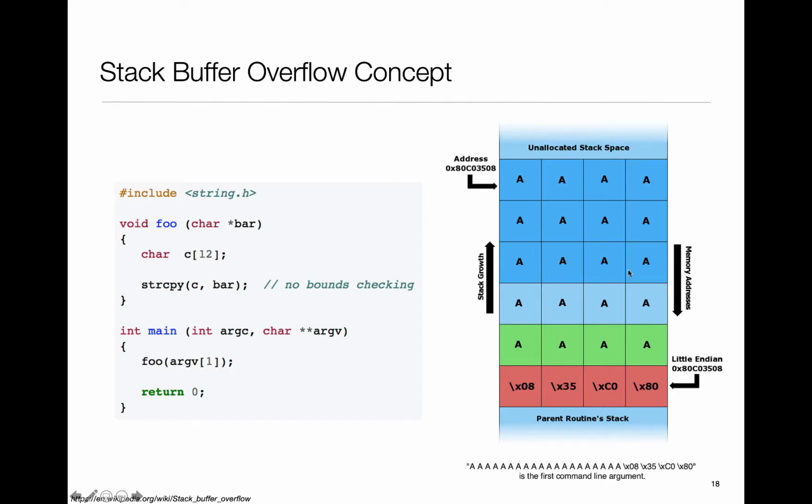But now what happens when we override it with a very large buffer? Let's say the input is a bunch of A's, and then we actually put in the little endian value of an address. What this will do is overwrite the return address of this stack, and then have the function branch to some arbitrary code, or whatever function is at this particular address.